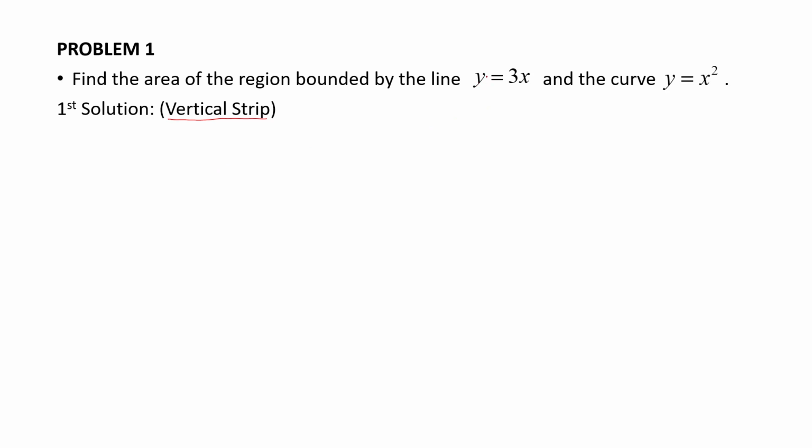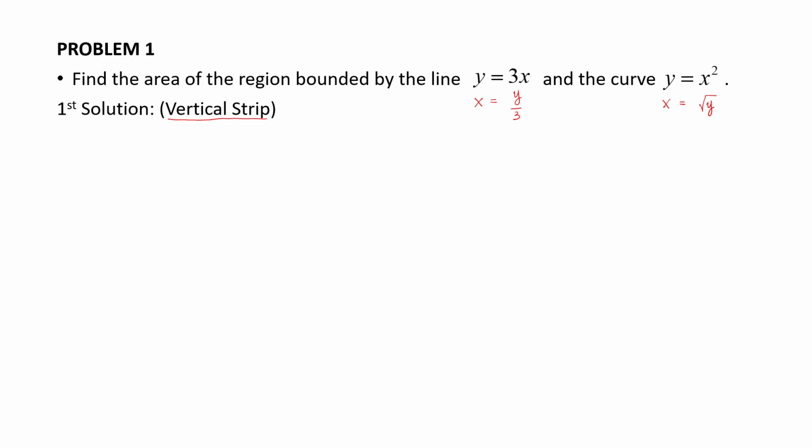For example, this one is in terms of x, right? If in terms of y, notice that there's a shift. This would be y over 3, and this one would be x equals the square root of y. Notice that we have a square root if in terms of y, so it becomes more complicated, right? We have a radical expression.